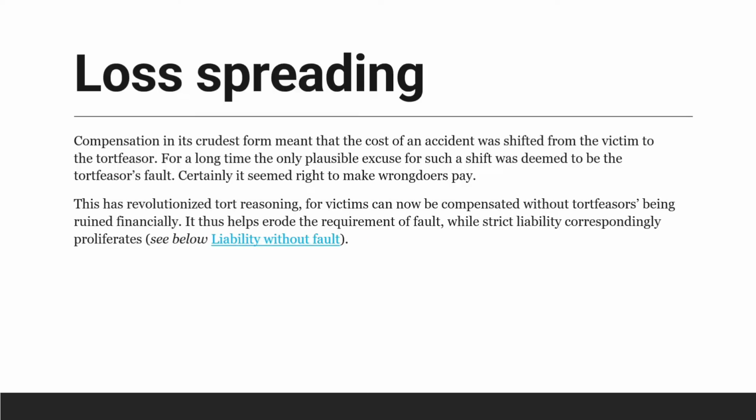Insurance has revolutionized tort reasoning, for victims can now be compensated without tortfeasors being ruined financially. It thus helps erode the requirement of fault, while strict liability correspondingly proliferates, as seen below, liability without fault.